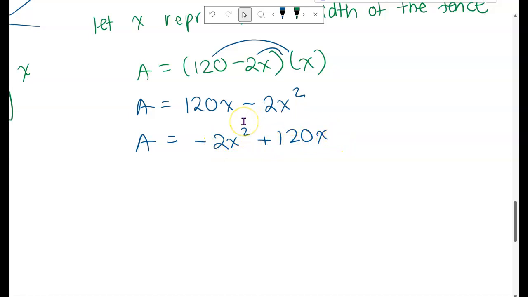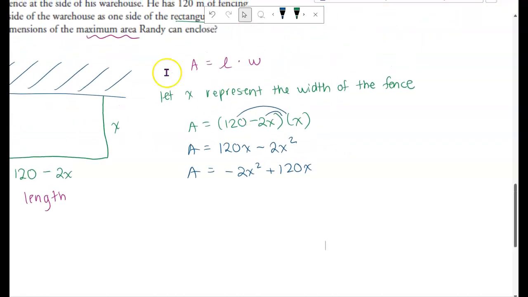And so as we mentioned, we're trying to find the maximum area. So that means I need to find the vertex, which means completing the square. So the first step always is to factor out the a value from the expression. So I'm going to take out negative 2, which means I have x squared minus 60x left over. And then to complete the square, I need to find the missing piece of my square, which is (b over 2) squared.